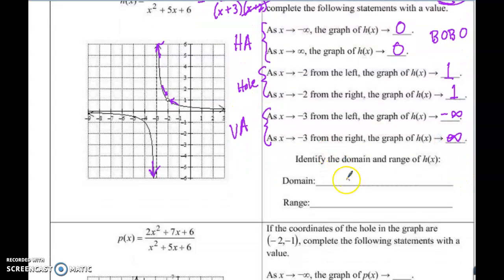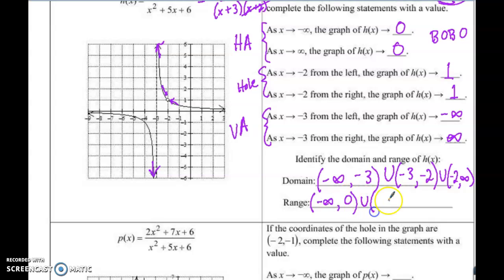And now we have enough to state the domain and range. X values are not defined at -3 and -2. Trying to squeeze it in there so you can see it all. And then the range of the y values. The horizontal asymptote happens first, and then the hole happens.